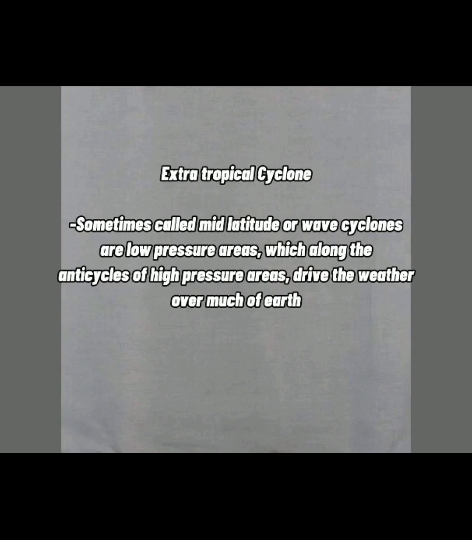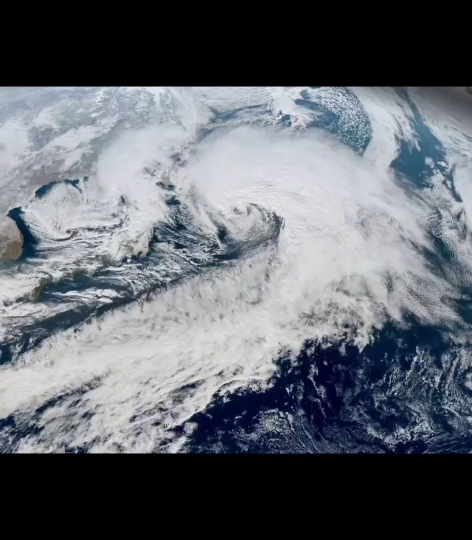Extratropical cyclones, sometimes called mid-latitude or wave cyclones, are low-pressure areas which, along with the anticyclones of high-pressure areas, drive the weather over much of Earth. Cyclone intensity is indicated by the cyclone's sustained wind speeds and lowest atmospheric pressure.